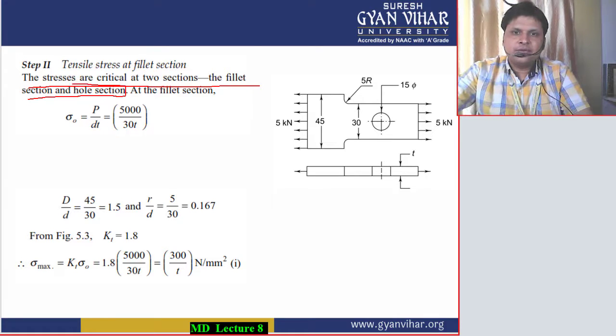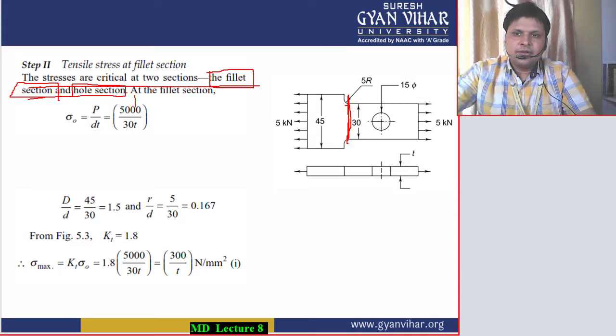The stresses are critical at these two sections. So first of all we will look into the fillet section, and after that we will move into the hole section. In the fillet, first of all, we have to calculate the stress at this particular portion.